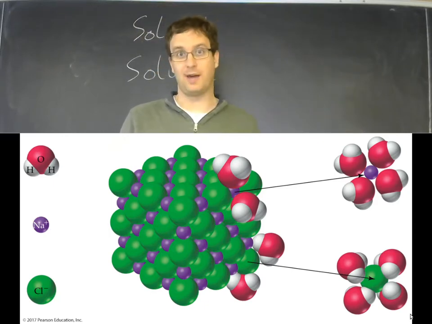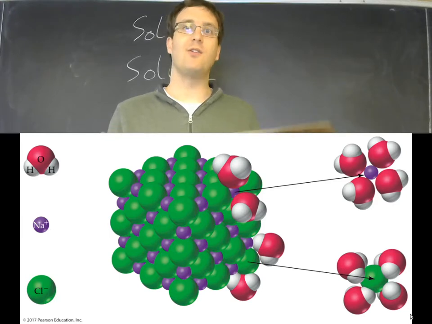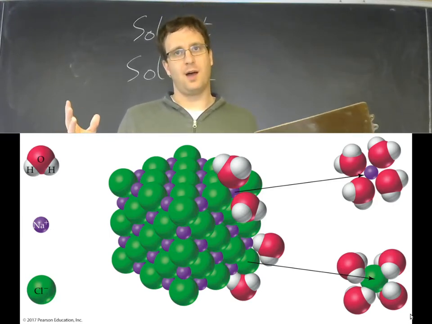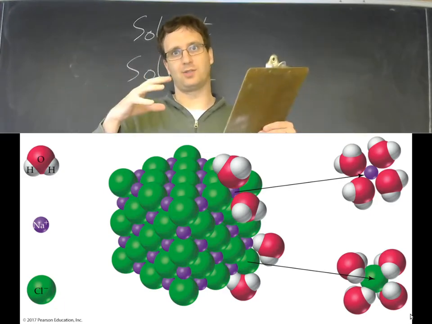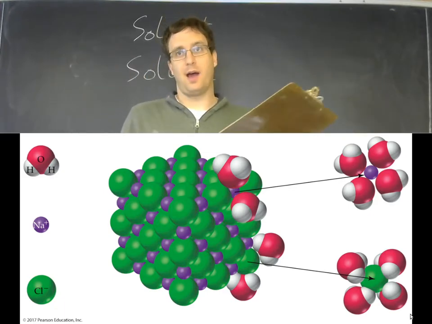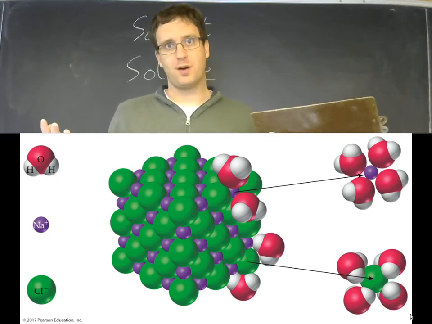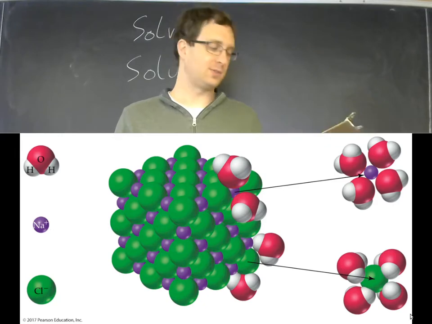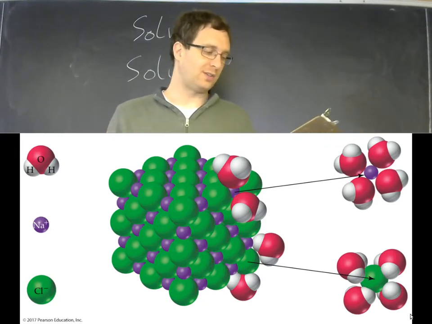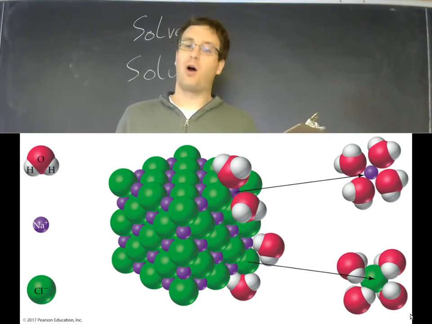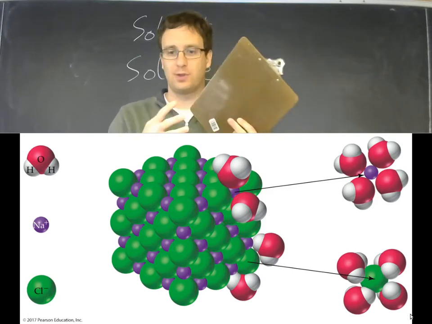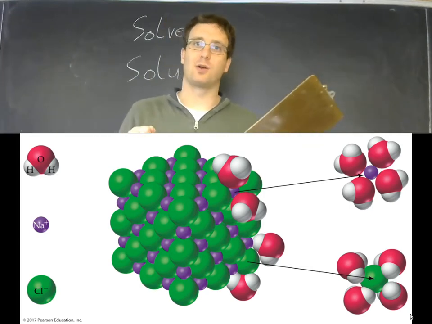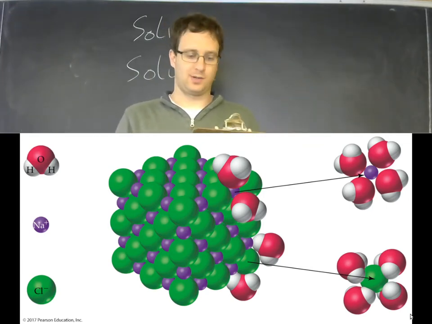Also, if you have really strong solvent-solvent interactions, if you think about it, every water molecule that is surrounding a solute particle now has fewer interactions with water neighbors. It has fewer neighboring water molecules. And so stronger solvent-solvent interactions also make it harder to disrupt those solvent interactions and make space for a solute particle to enter into solution.